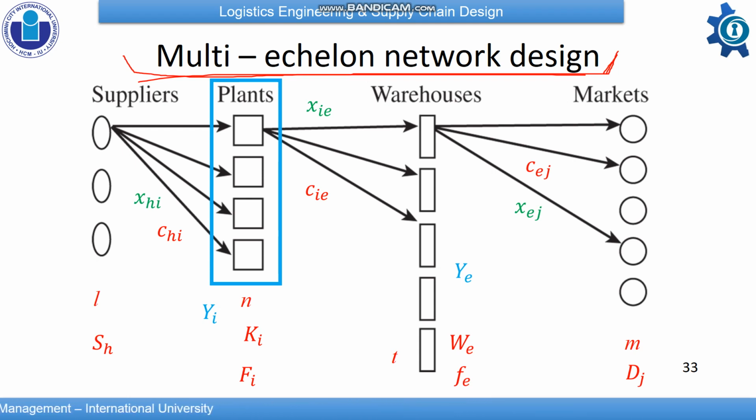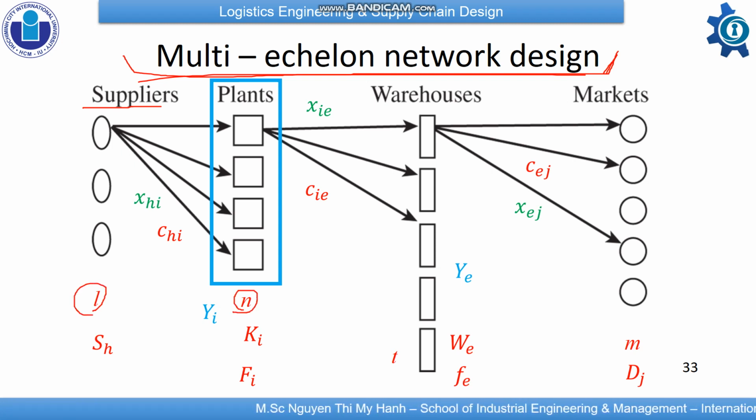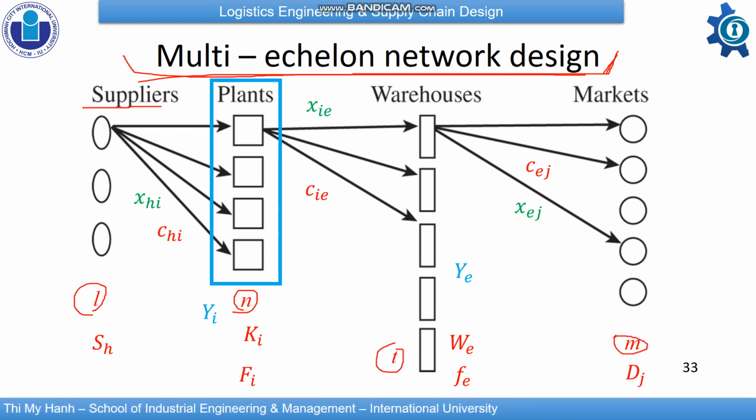So we have supplier. This is a supply chain, and I consider 4 elements in the supply chain: supplier, plants, this one may be factory or manufacturer, warehouse, and markets. In your thesis, maybe you can put more, like distribution center, and so on and so forth. We have L suppliers, N factories, T warehouses, and M customers.